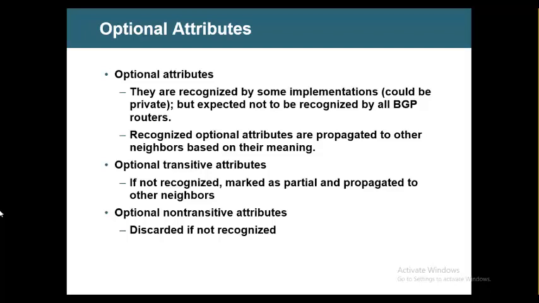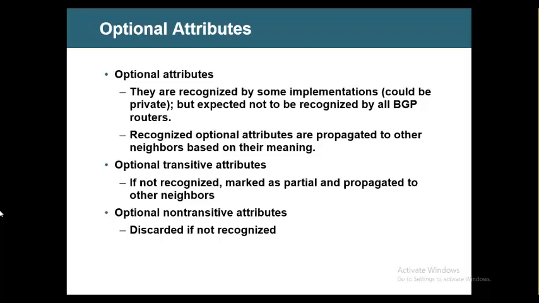That's why you mark it as partial. If not recognized, mark as partial and propagate to other neighbors. Such attributes are optional transitive attributes. Let me repeat, optional transitive attributes, if not recognized, are marked partial and propagated to other neighbors.